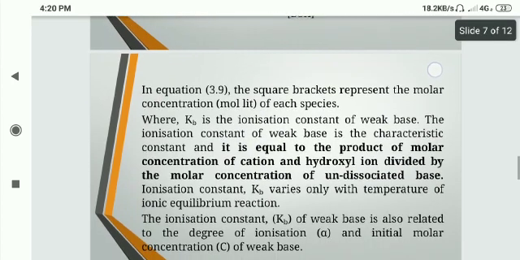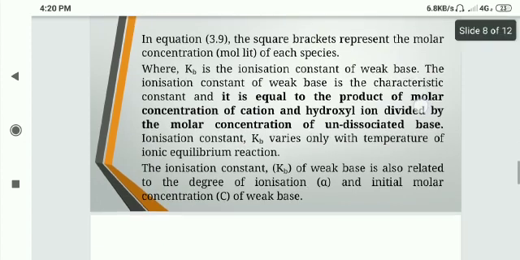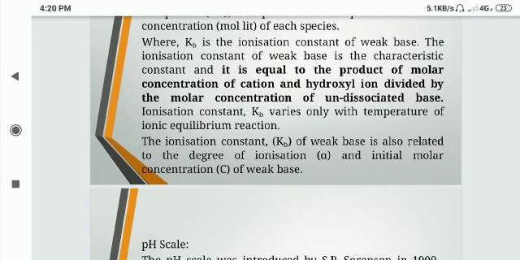The ionization constant of weak base is the characteristic constant, and it is equal to the product of molar concentration of cation and hydroxyl ion divided by the molar concentration of unionized or undissociated base. The ionization constant varies only with temperature of the ionic equilibrium reaction. The ionization constant of weak base is also related to degree of ionization and initial molar concentration of weak base.